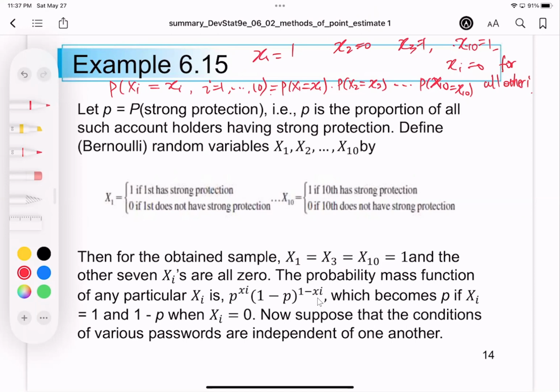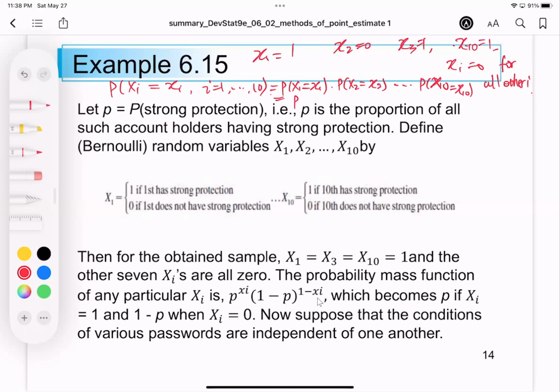And the lowercase letter refers to the observed value being 1 or 0. So X1 being 1 gives us the probability p, supposing p is the proportion of those that have strong protection. x2 is a 0, and the probability of 0 is 1 minus p, and so on.